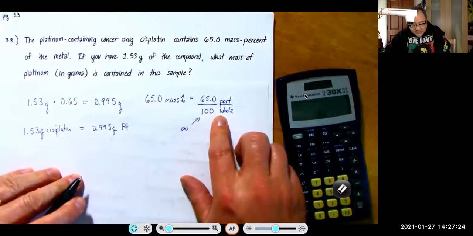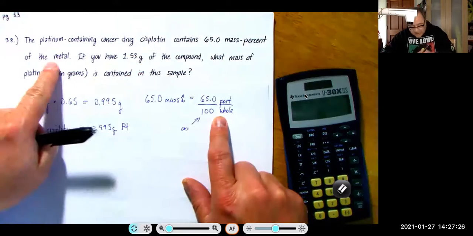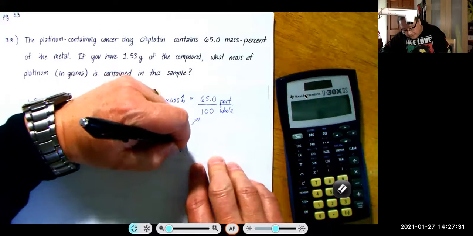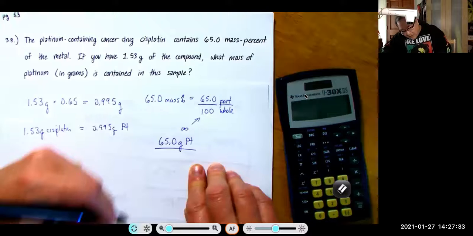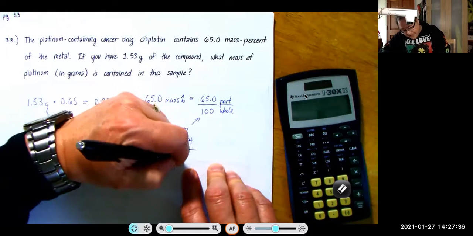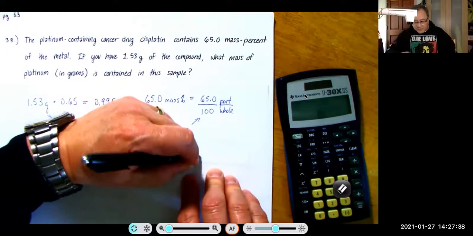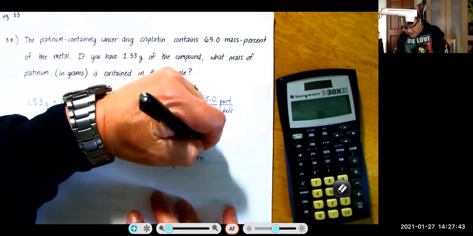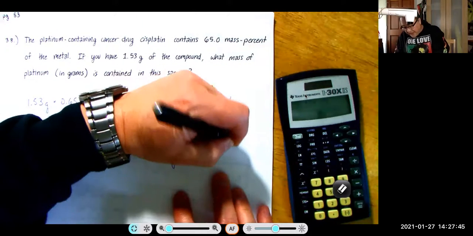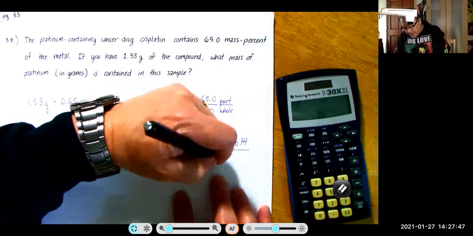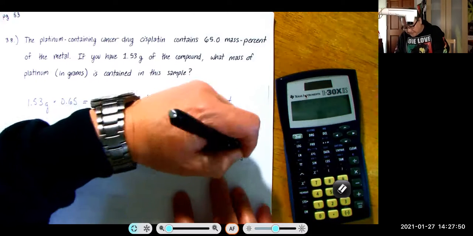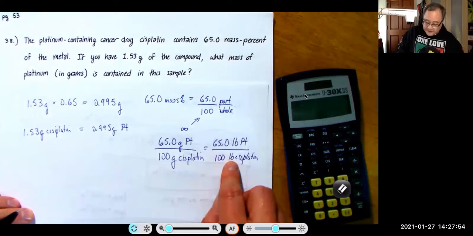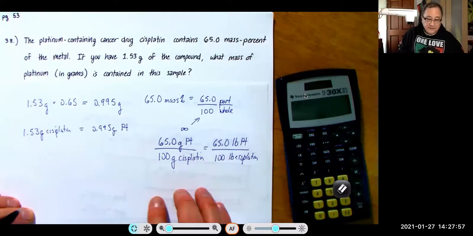So in this case, the 65% mass percent of the metal means 65.0 grams of platinum over 100 grams of cisplatin. That's what 65% means. Or it could mean 65.0 pounds of platinum over 100 pounds of cisplatin. The point here is that I can use any unit of mass and it's perfect.